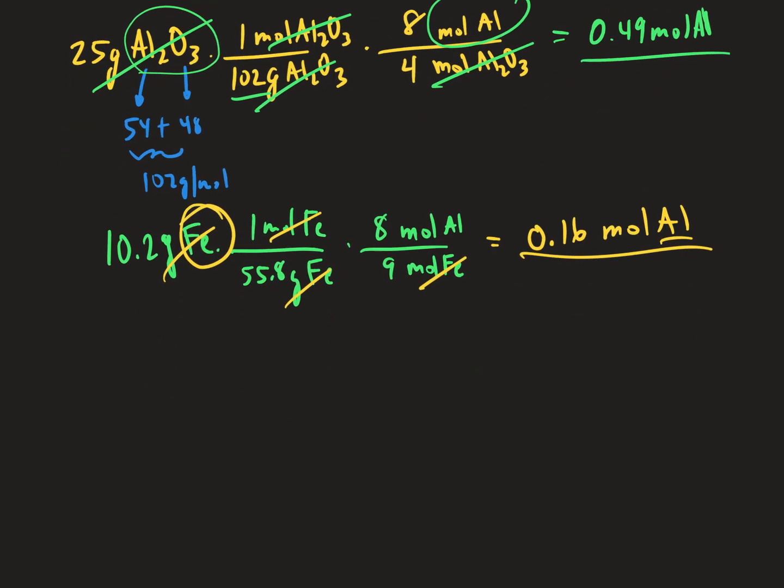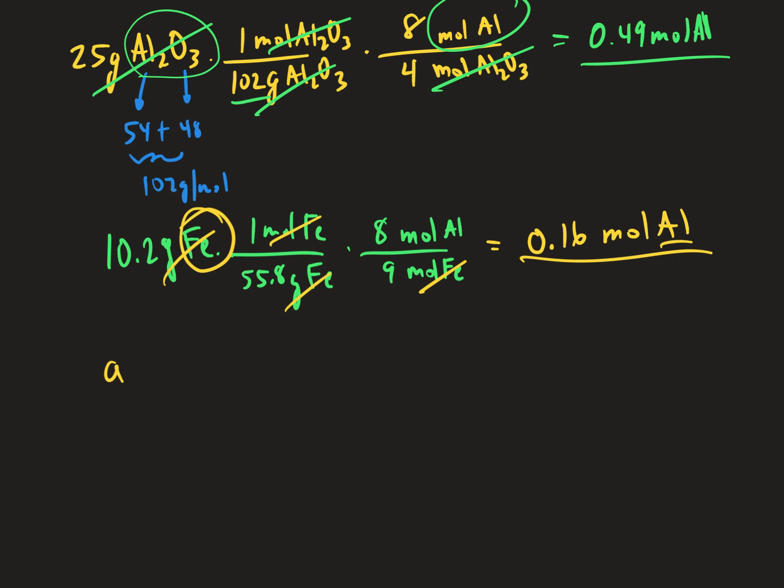So the answer for part A is iron is the limiting reagent or reactant. Okay. Who can tell me what the excess reactant is? Aluminum oxide, the other reactant, right?